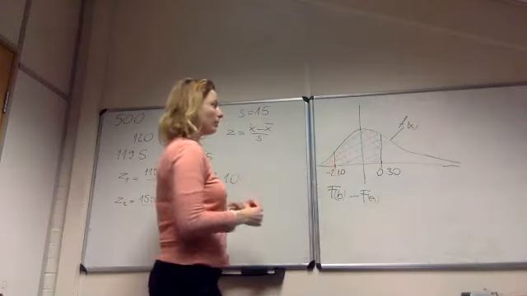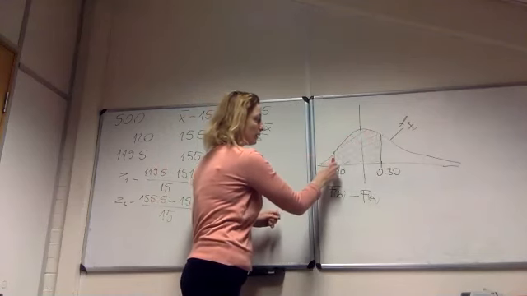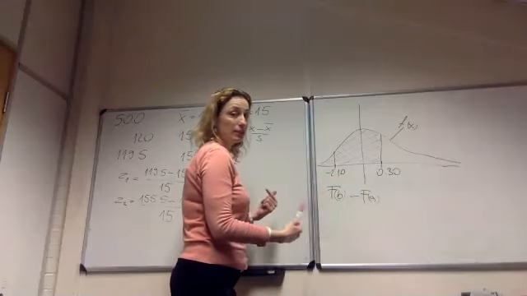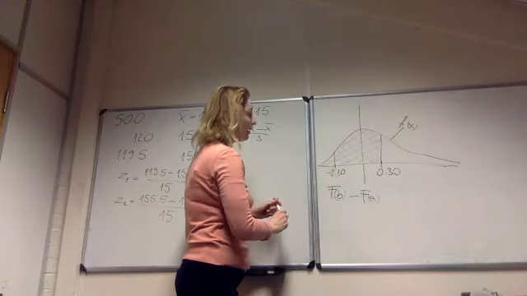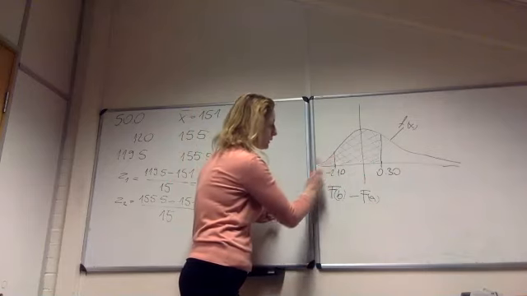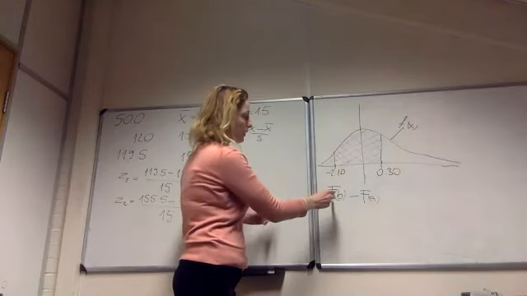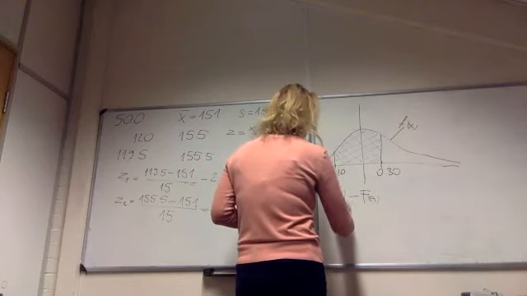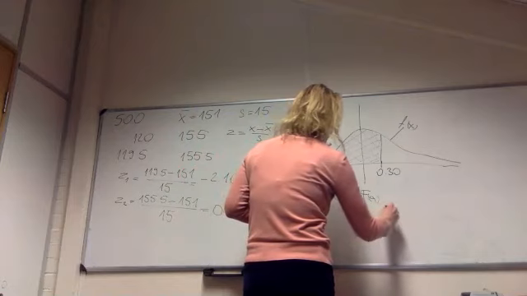But we only need this area, so we don't need this. What shall we do? We write the Z value minus 2.1 into the Z table, which gives us the area of this small piece, and then we subtract this from the former one. That is FB minus FA, or F of 0.3 minus F of minus 2.1.